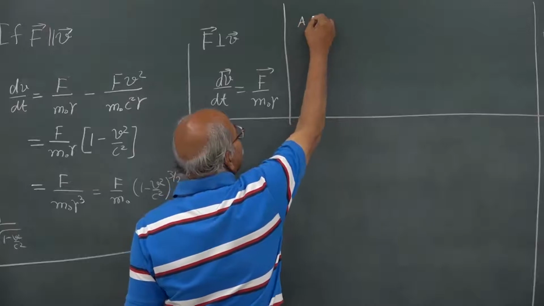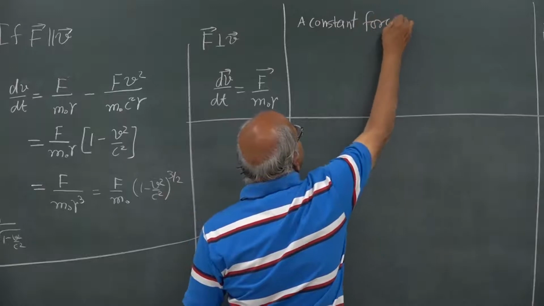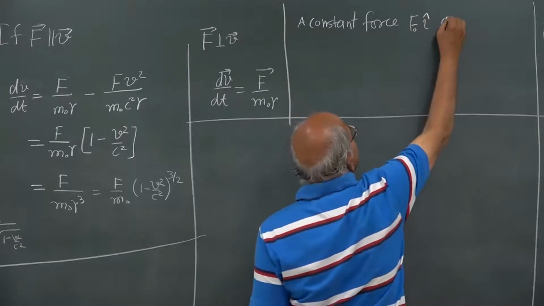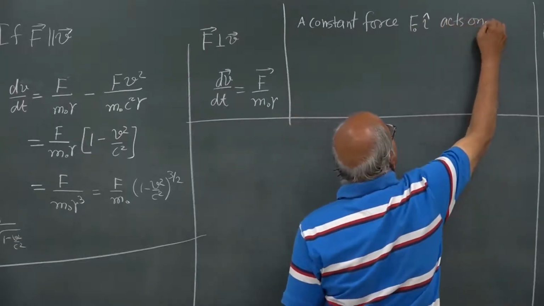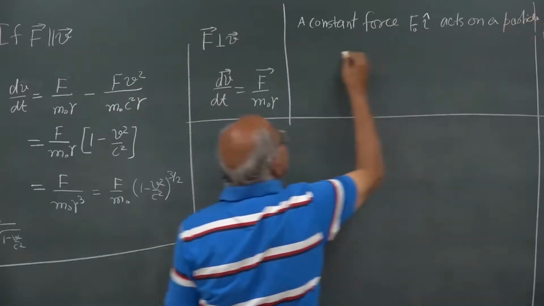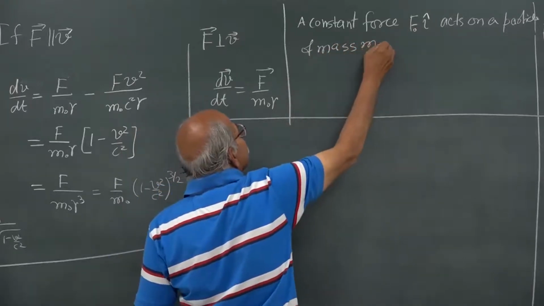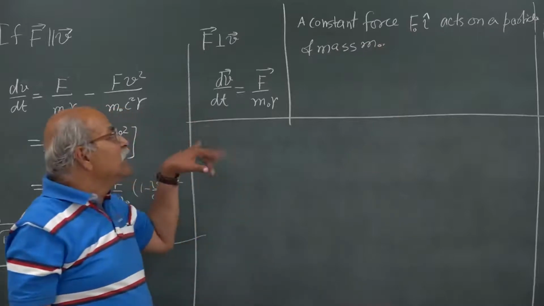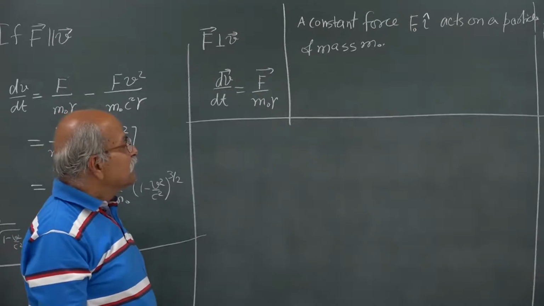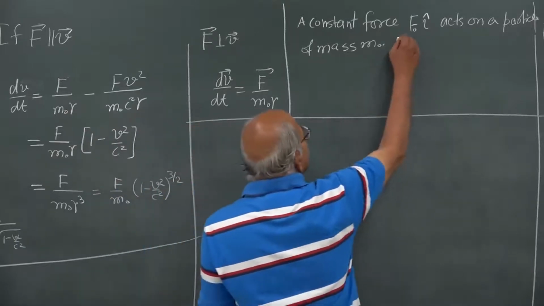So a constant force, let us say f naught i cap, acts on a particle of mass m naught. I am gradually dropping that idea of rest mass, everything is rest mass and nothing else. So a constant force f naught i cap acts on a particle of mass m naught at t equal to 0.